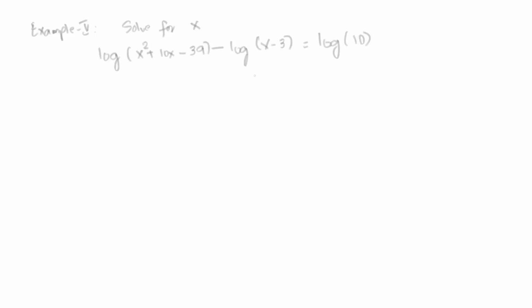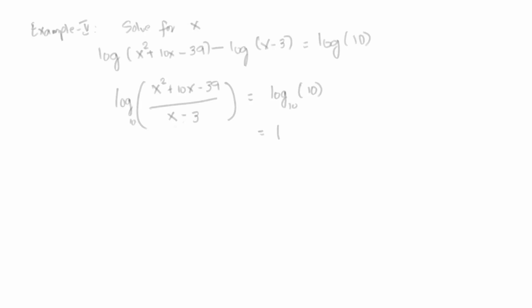I'm going to keep it on the right hand side and proceed by simplifying the left hand side, having log of (x squared plus 10x minus 39) divided by (x minus 3) equals log 10. But log is base 10, so log base 10 of 10 would just be 1.